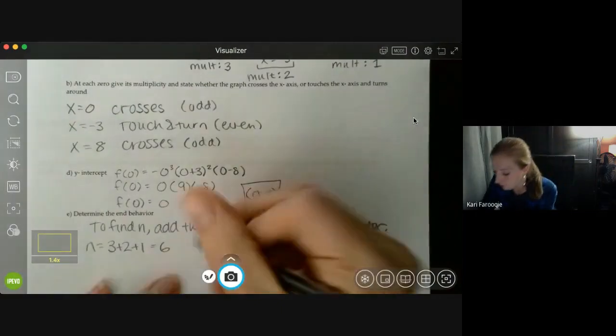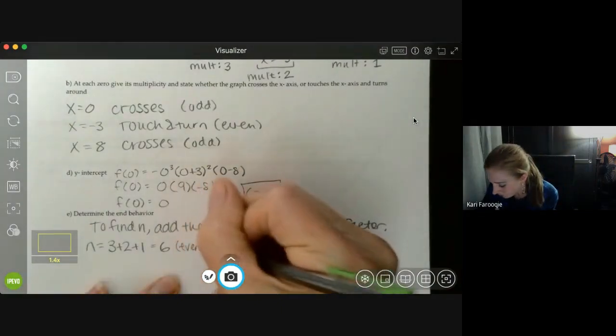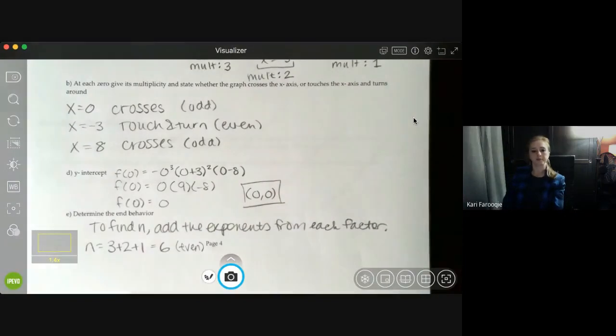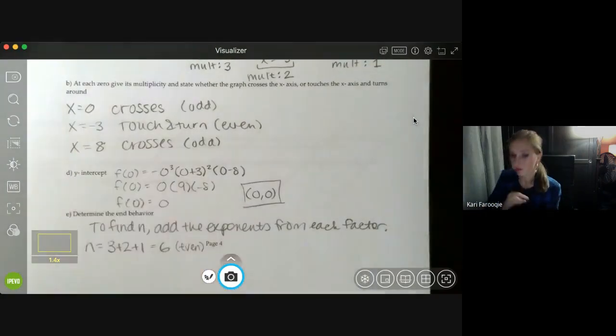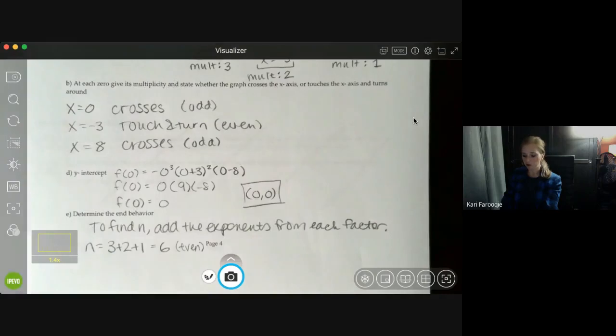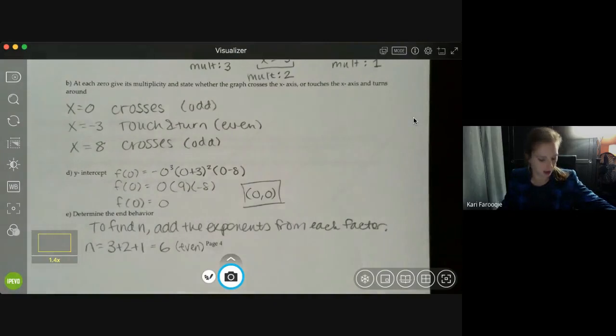Okay, now 6 is even, as we know. So that changes everything. For those of you, and I'm sure there were many of you, who were thinking that we had a third degree polynomial with a negative lead coefficient, we actually don't. We have an even degree polynomial. We still would consider our lead coefficient, however, to be negative.